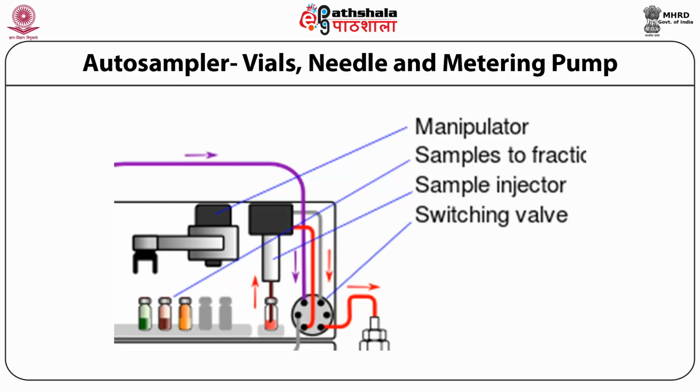After withdrawal of a sample and its injection into the column, the next sample vial on the turntable rotates and takes its position for penetration by the needle. After every use, the needle and injector should be washed out with rinse fluid.